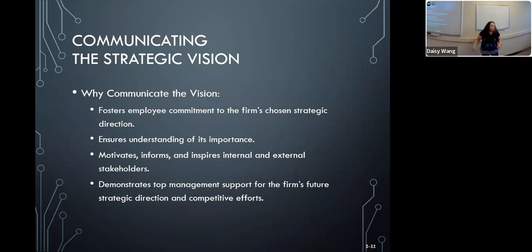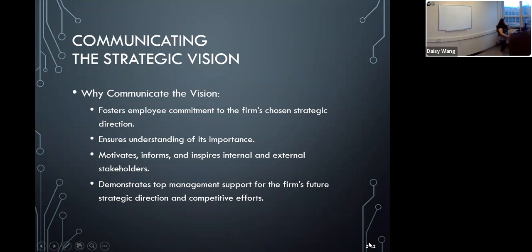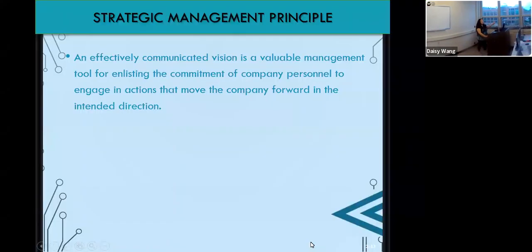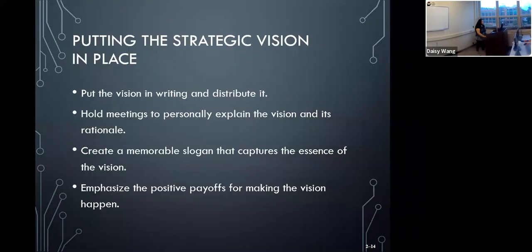Okay, so you need to inform your external and internal shareholders and stakeholders. You want to let people know about this, and then it will help people work together towards that vision. But not many companies can do that, especially when they try to change their vision statement.